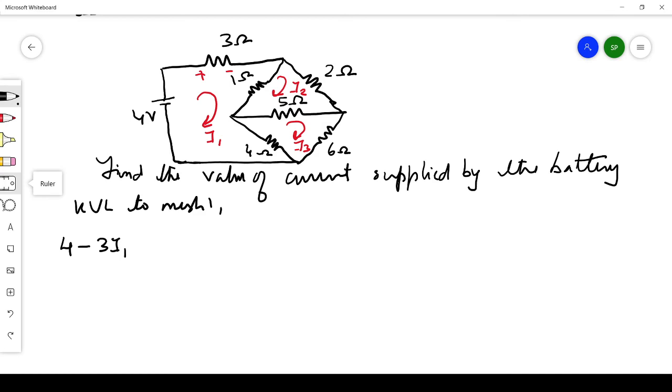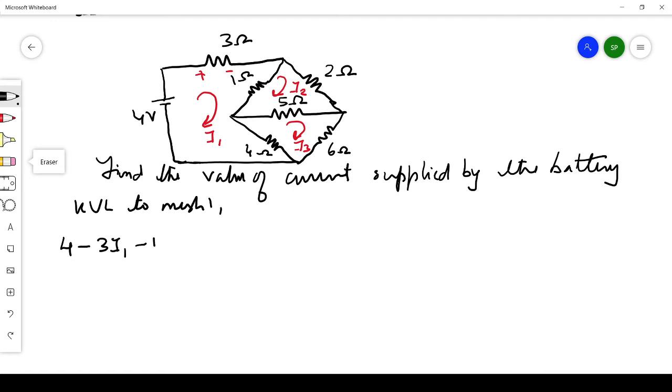Then in this mesh you have 2 more resistors, 1 ohm and 4 ohm. What is the current through this 1 ohm? We can see that current I1 and I2 is flowing through 1 ohm, in opposite direction.